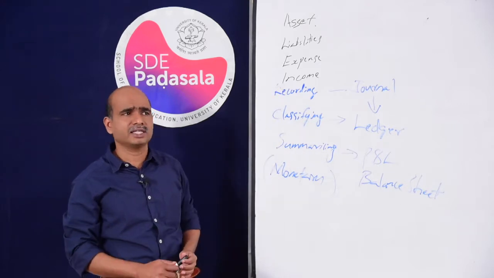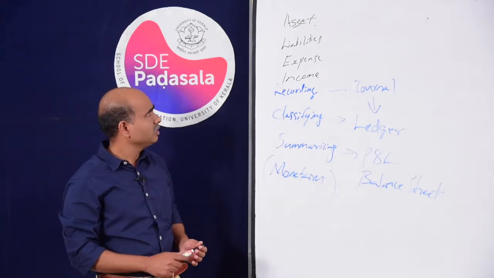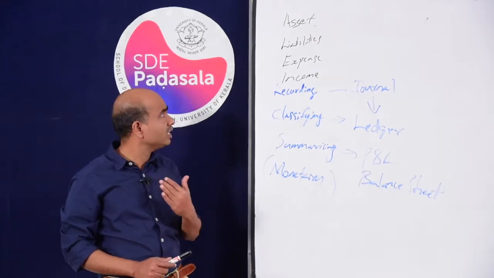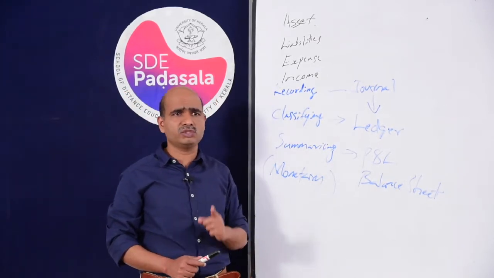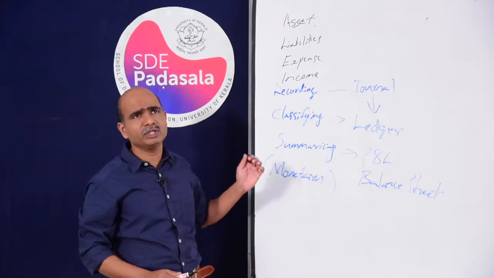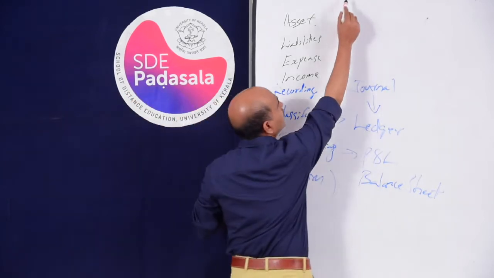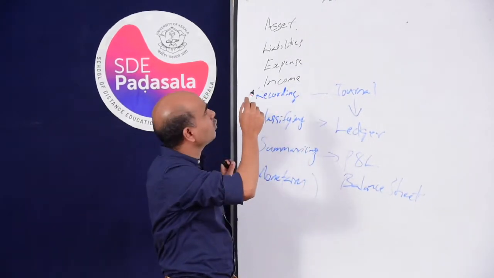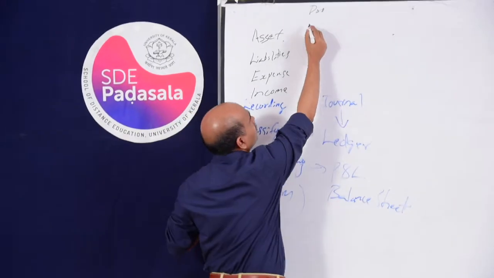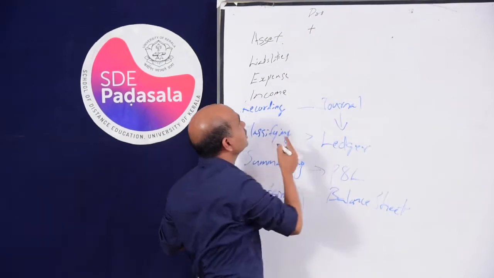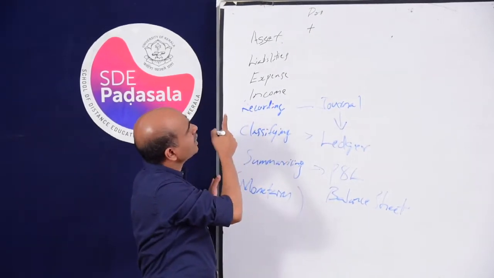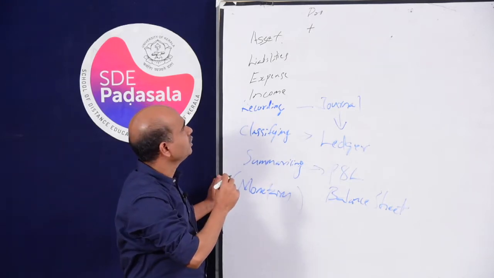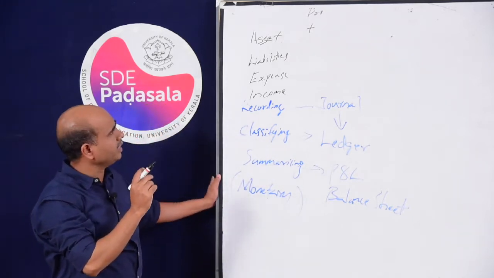First one is asset. In the case of asset, when the asset increases, we should give a debit to that asset. Debit, DR, is the short form of debit. If there comes an increase, that asset should be treated as a debit item. You should keep this in mind.